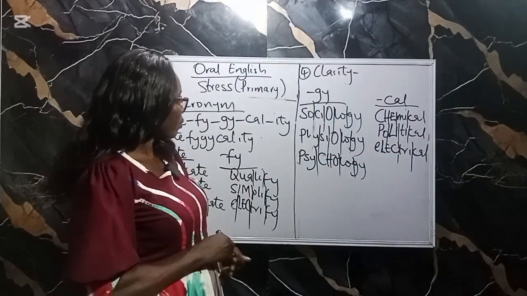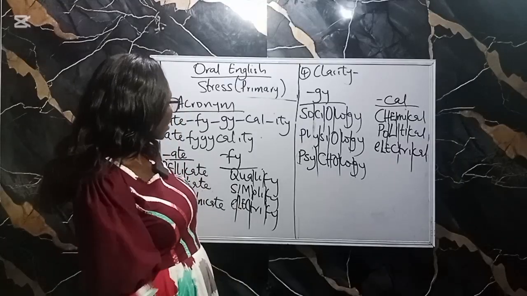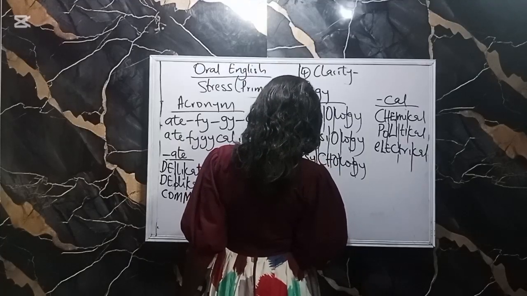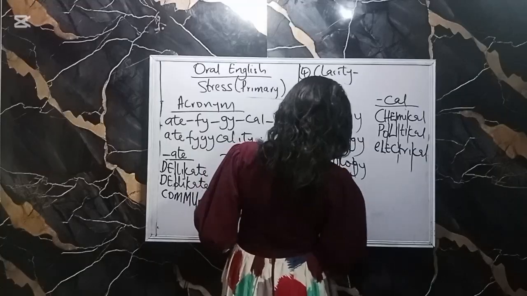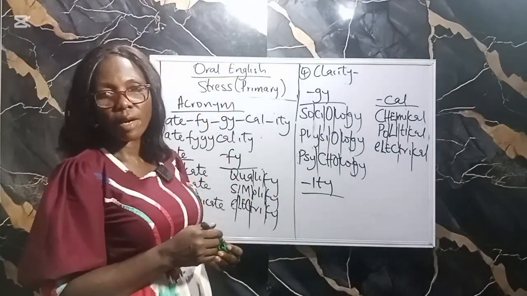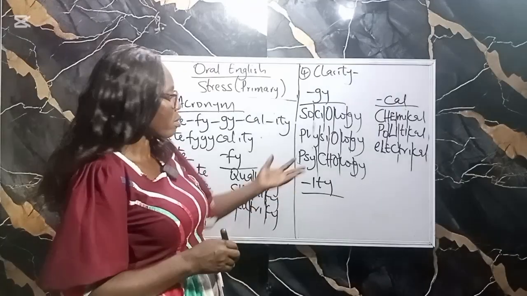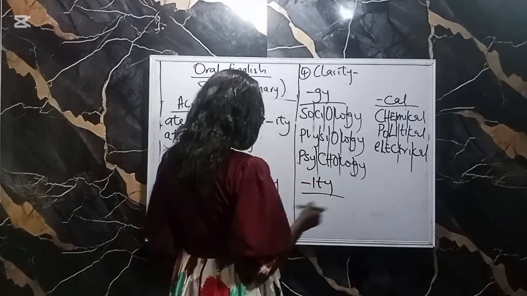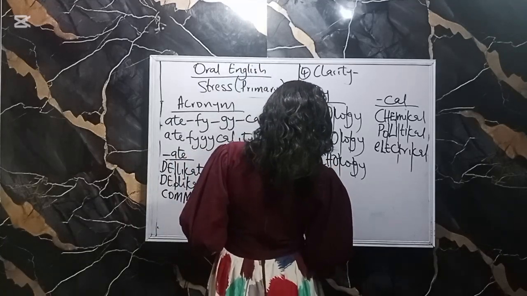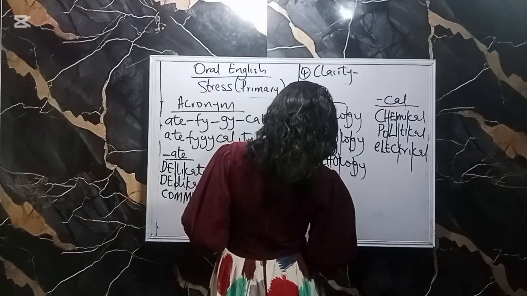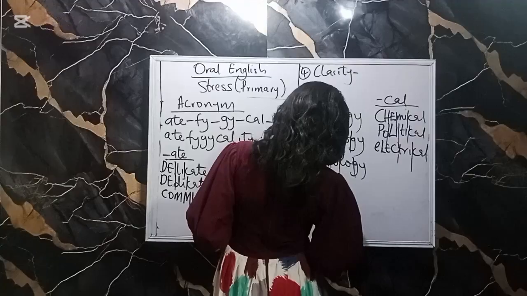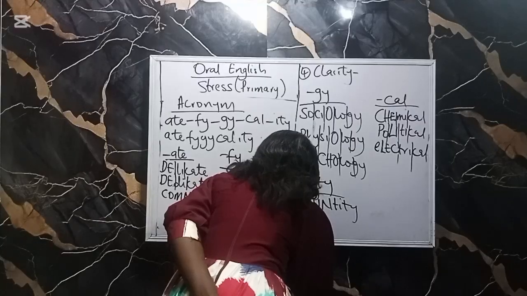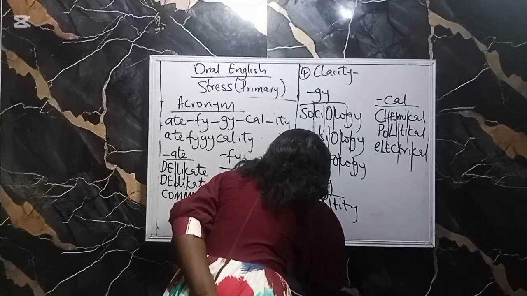Okay. All right. It remains the last one, which is ity. Please, you can check all these with your dictionary. You will find out that you are doing the right thing. Okay, ity. Let's take about 3 words. We have quantity, simplicity.